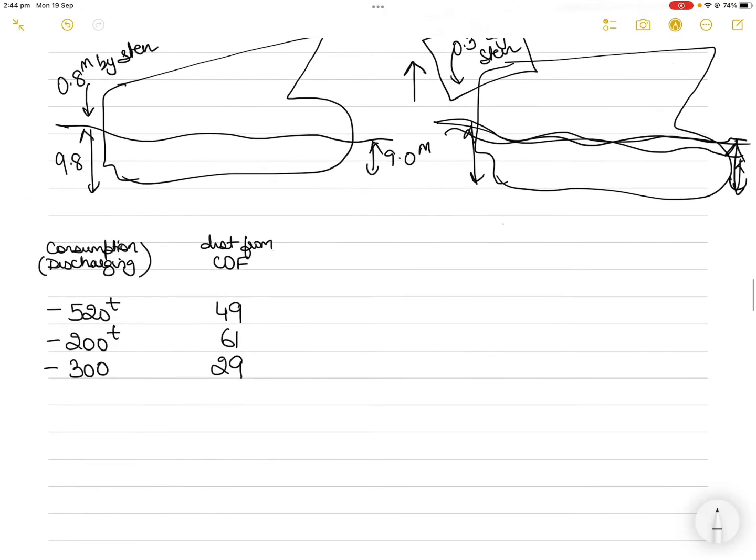Therefore we create two columns for trimming moments, by head and by stern. If I am taking out 520 tons from the forward part, it's going to trim by stern. So 520 multiplied by 49 will give you 25480 trimming moment by stern.